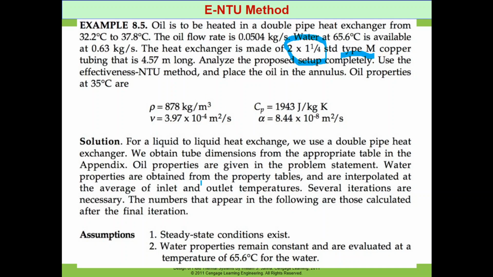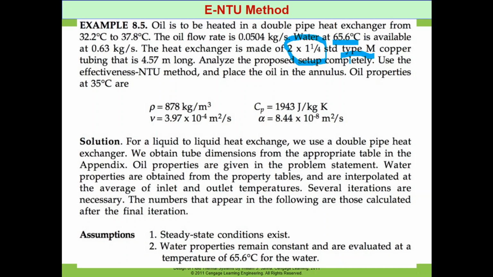So in this type of problem, the final temperature for the oil is given: it is to be heated to 37.8 degrees Celsius. So we can take this as T2 for the properties purpose. For the properties of the oil, we can find the average temperature, but for the properties of water we cannot find the average temperature, because only the initial temperature of the water is given, which is 65.6 degrees Celsius, and the final temperature we don't know.